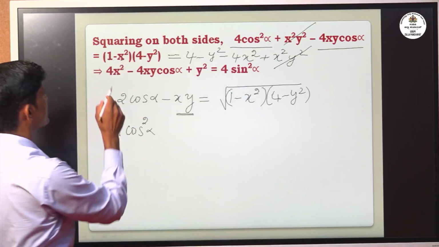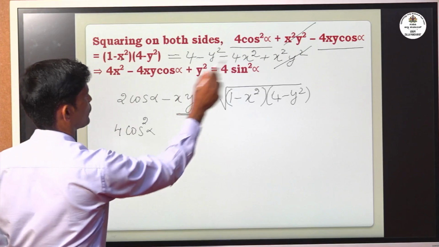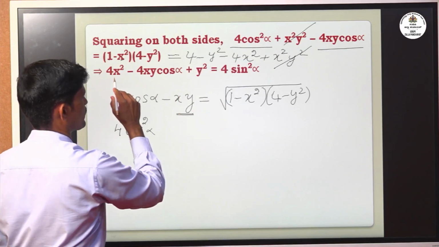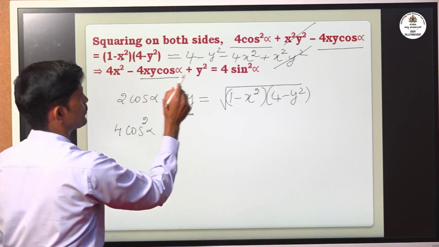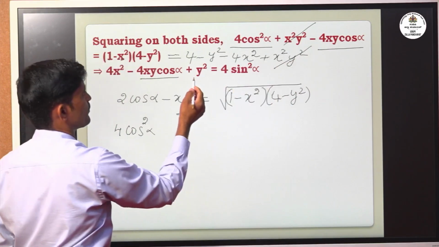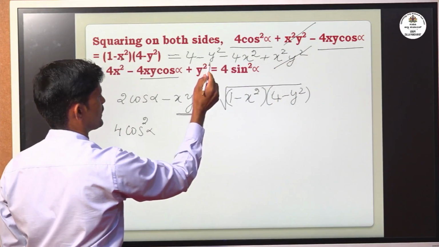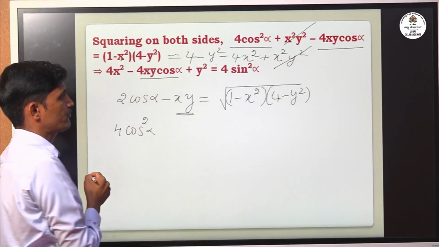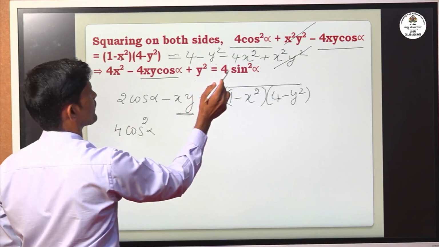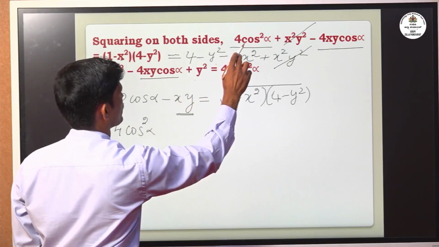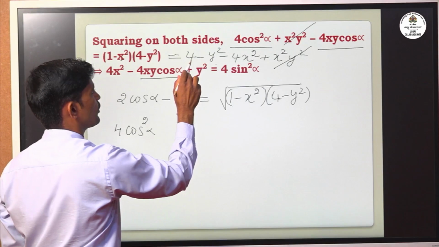Therefore we get 4x square on the left side, plus 4x square minus 4xy cos alpha, plus y square, since minus y square on the right side becomes plus y square on the left, which is equal to 4 cos square alpha and 4 on the right side.